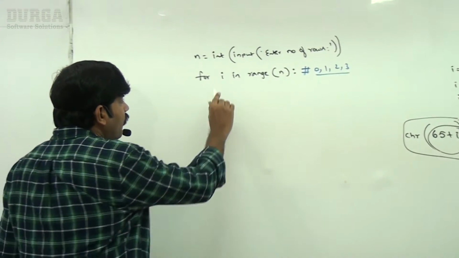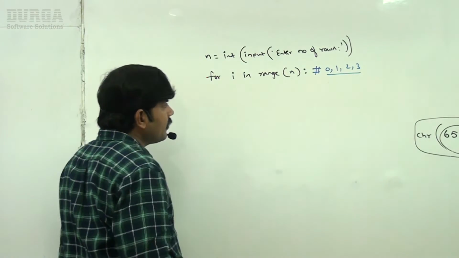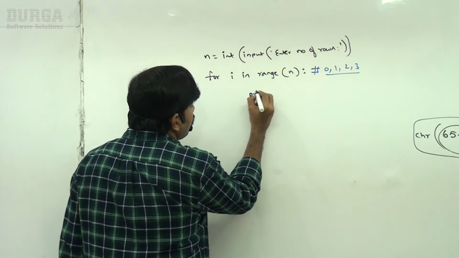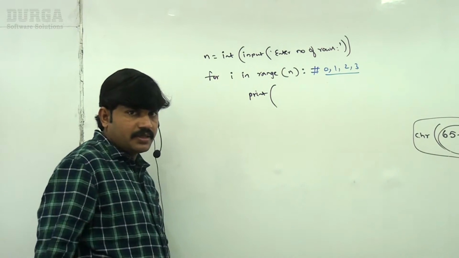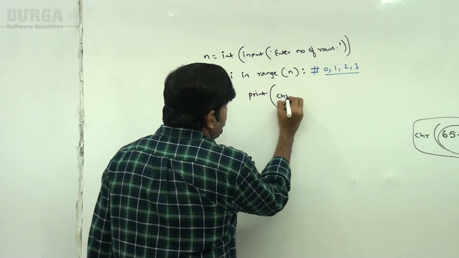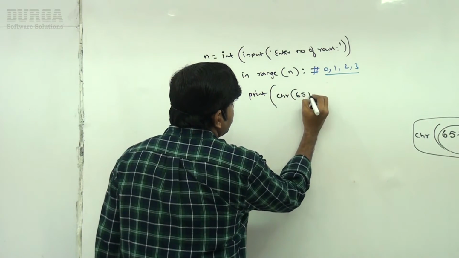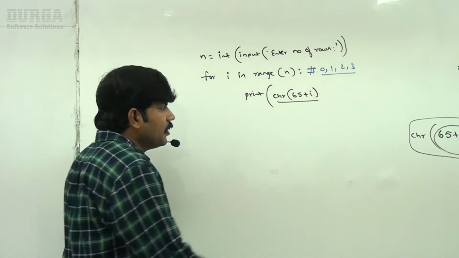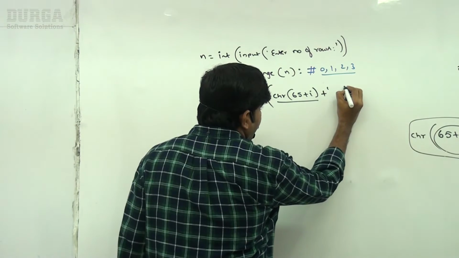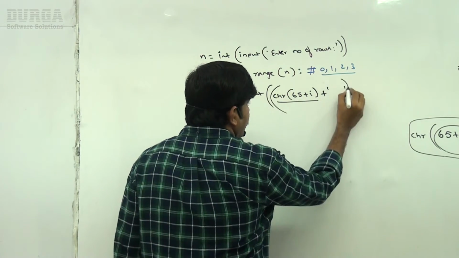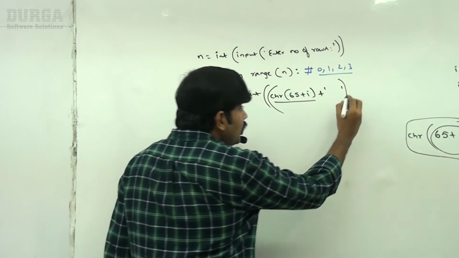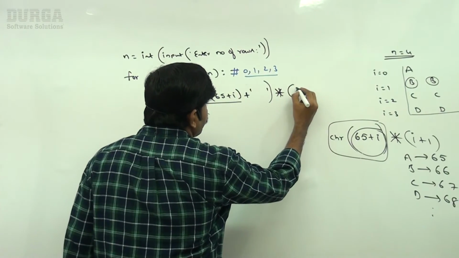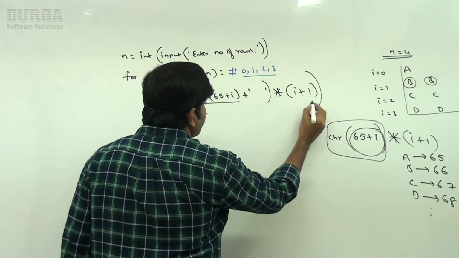Now for i in range of n, what do I have to take? Print chr of 65 plus i, plus a space, which must be required. How many times do I have to take it? i plus 1 times.